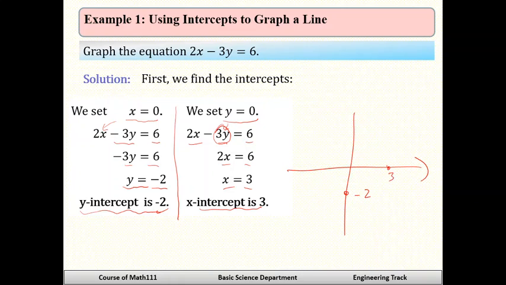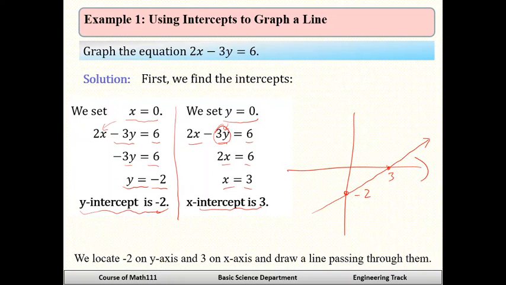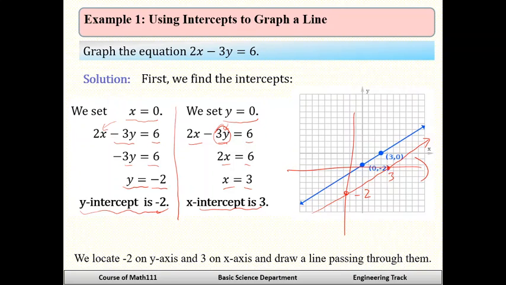Then you can draw this line. If you want to write them as ordered pairs, the y-intercept is 0, minus 2, and 3, 0 is the x-intercept. You can write them as an ordered pair or just numbers.